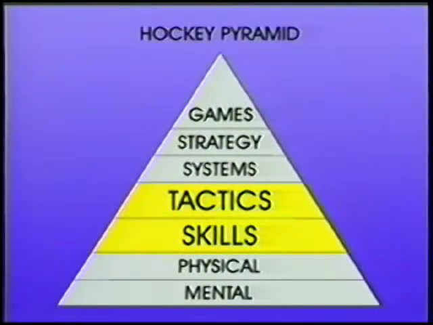Checking occurs when the team or individual is on defense. When a defensive player uses their individual checking skills to play a recurring game situation, it is called an individual defensive tactic. Here is a hockey pyramid to define what I am talking about.